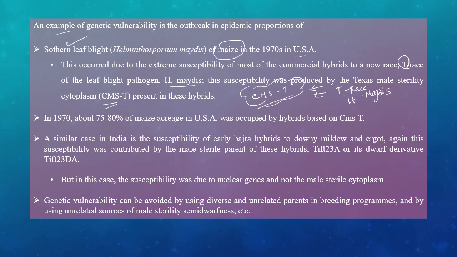Okay, about 75 to 80% of the maize was occupied by this hybrid, and you can understand by this that 75 to 80% of the maize was destroyed.